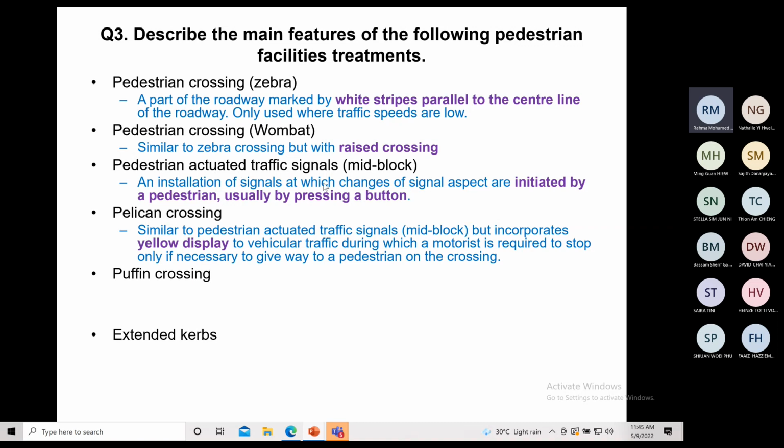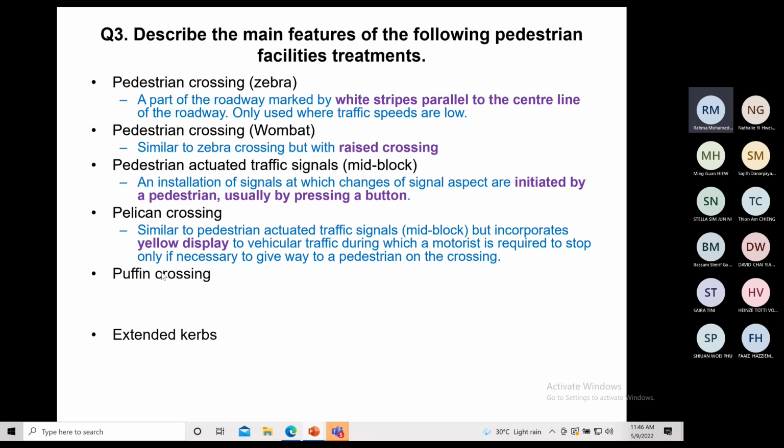Pedestrian actuated signals do not reduce delays: vehicles can only move when they have green time, even if the road has no pedestrian, but they still have to wait because their time is red.